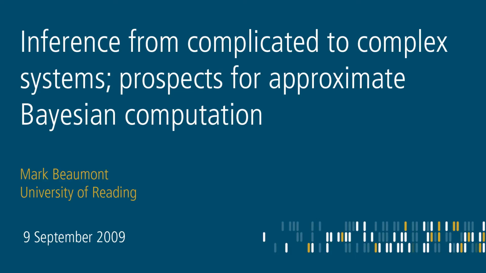So if we just think of it as a regression problem, we've got the joint distribution of the model parameter and the data, or a summary statistic computed from the data.